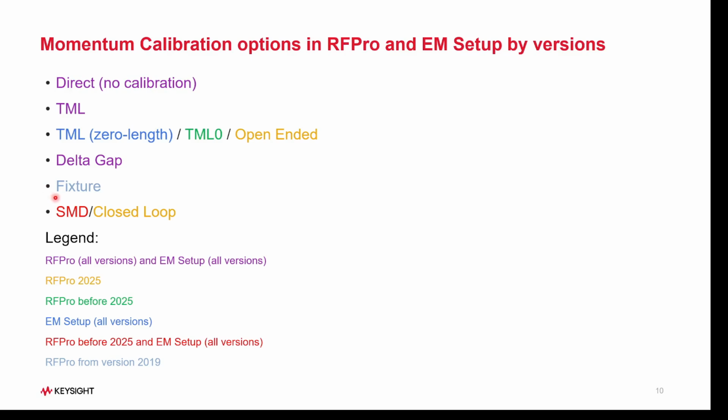Fixture is available in RF Pro starting in version 2019. SMD is in RF Pro before 2025 and is still available in EM setup, but in RF Pro 2025 it is being replaced with closed loop. And open-ended is what TML0 length and TML0 calibration are now called, starting with RF Pro 2025.